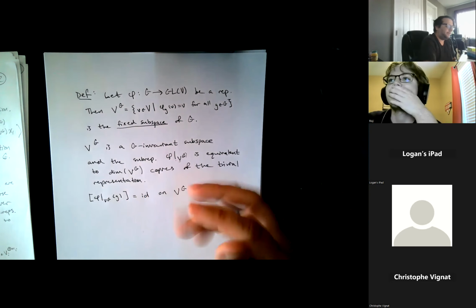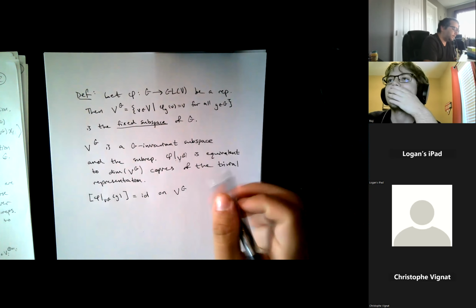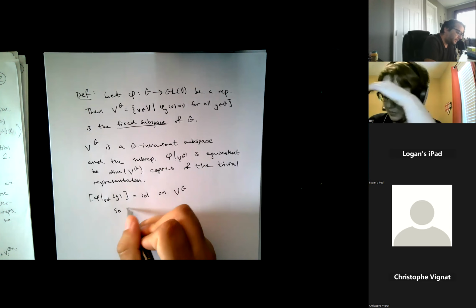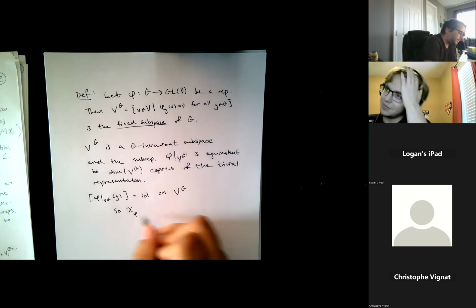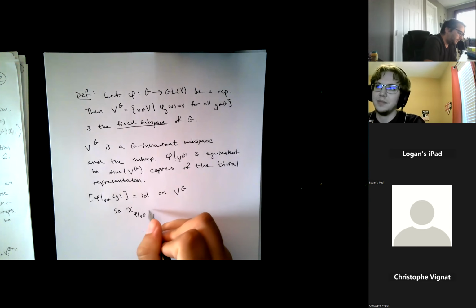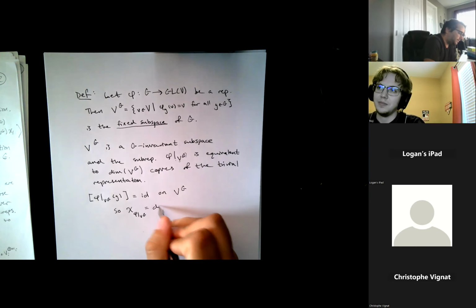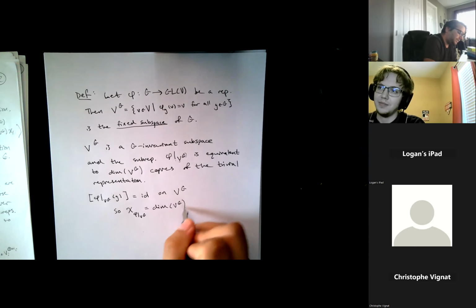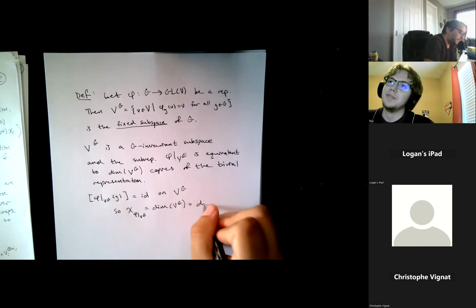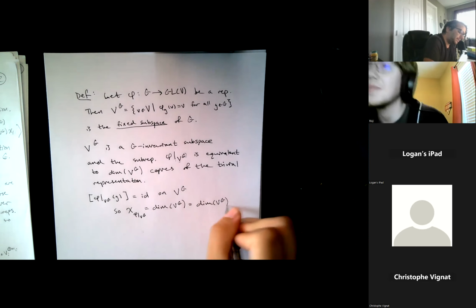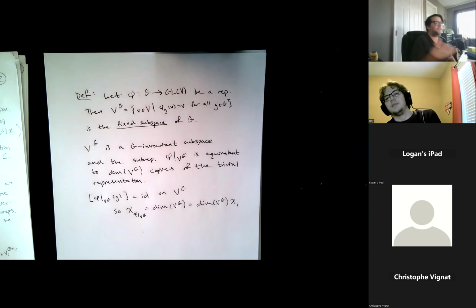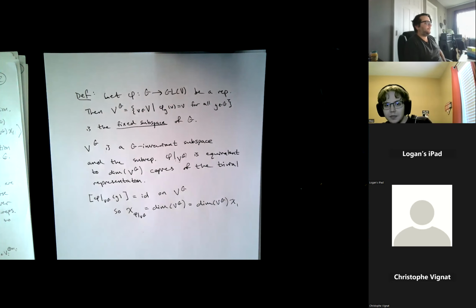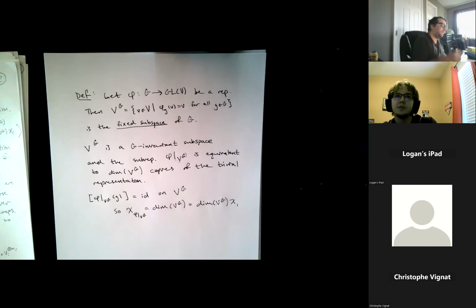That's the identity transformation. So the character is the dimension of V^G times chi_1, which is essentially just 1. This tells us that this subrepresentation is just several copies of the trivial representation.